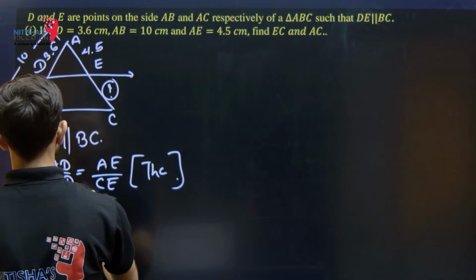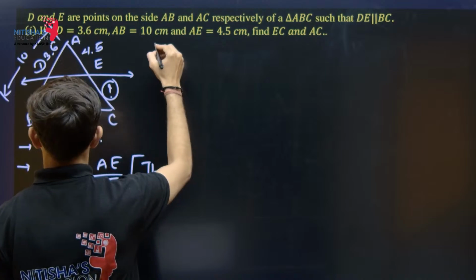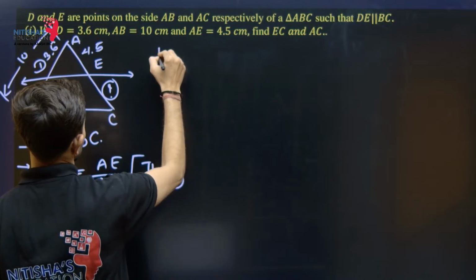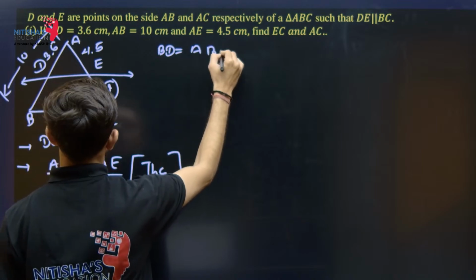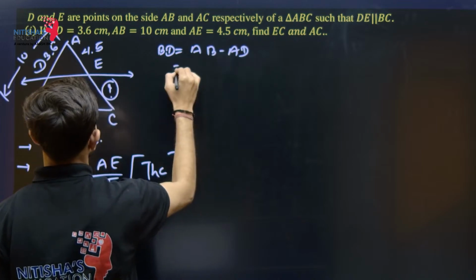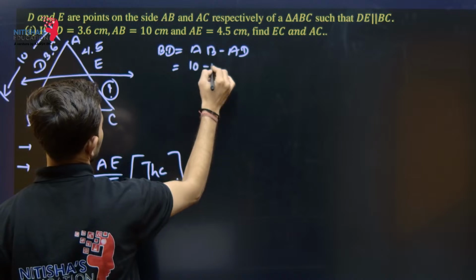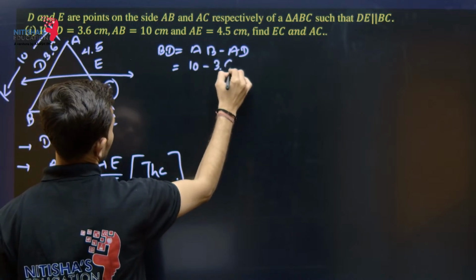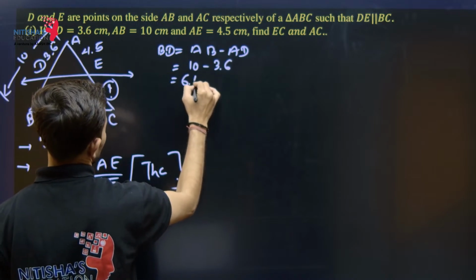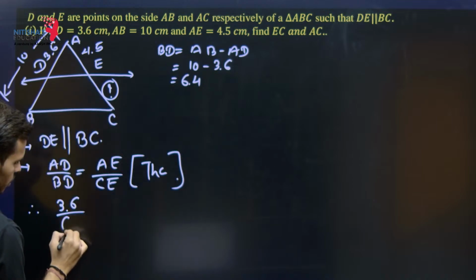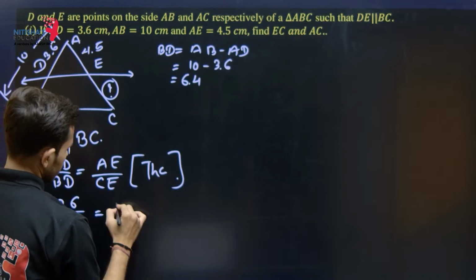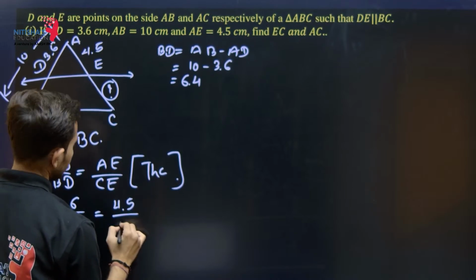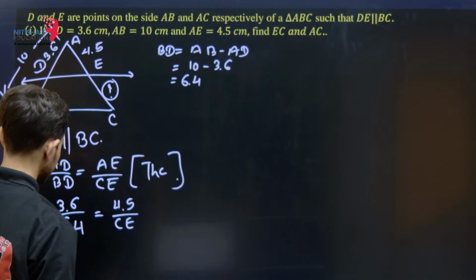We need to find the value of BD. So BD is given by AB minus AD. AB is equal to 10 and AD is equal to 3.6, then it will be 6.4, right? So write it over here, 3.6 upon 6.4 is equal to 4.5 upon CE.